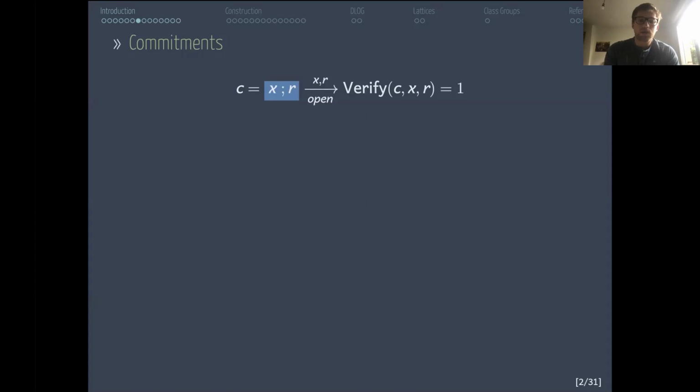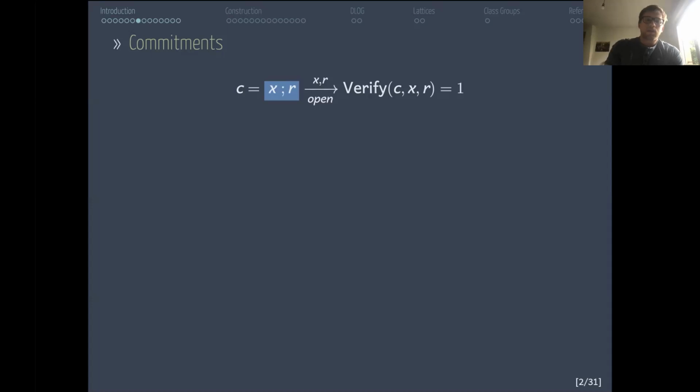First of all, the hidden balance would be represented by a commitment scheme. A commitment scheme is just a way to fix and at the same time hide a value. More formally, we have a commitment C to a value or a message X with randomness R, which I always represent during the talk with a blue box around the message and the randomness.